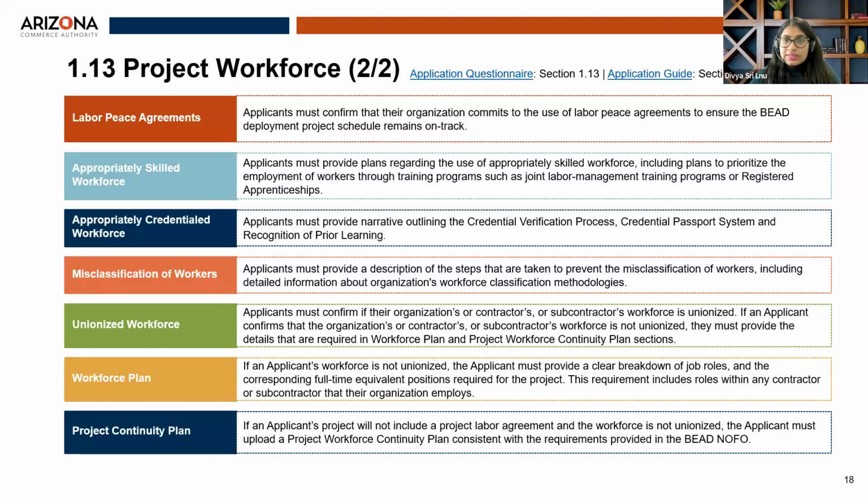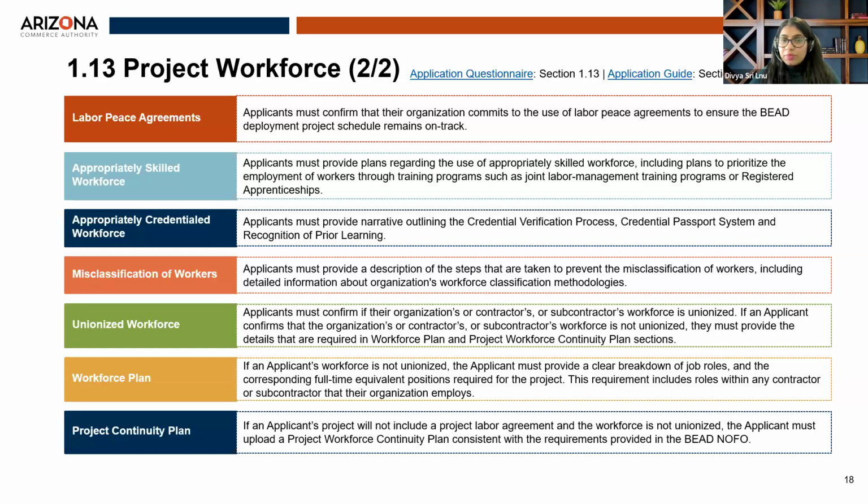Following that is the appropriately skilled workforce section, where applicants must provide plans regarding ensuring a skilled workforce. It could be in terms of joint labor management training programs, or encouraging registered apprenticeships, or engaging with other employers and unions to get the skilled workforce included in the project.